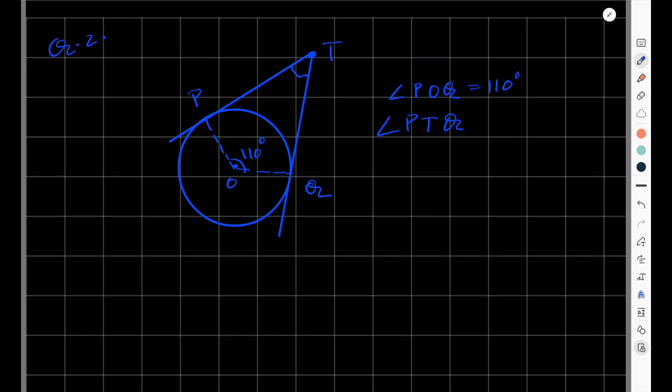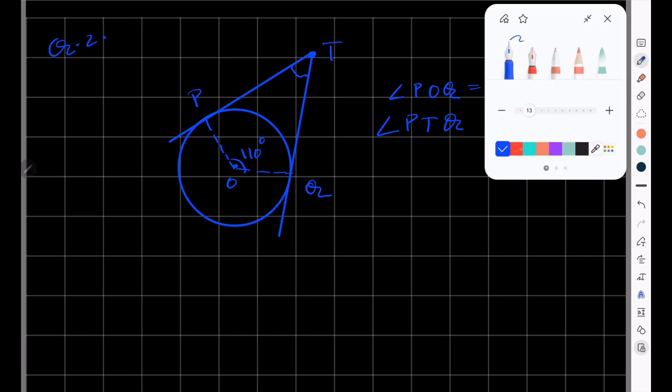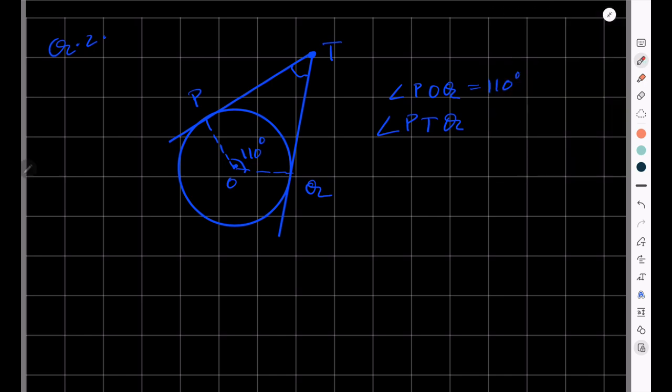Looking at this diagram, it was already given that PT is a tangent, TQ is also a tangent, and a tangent always makes 90 degree from the point of contact to the radius.